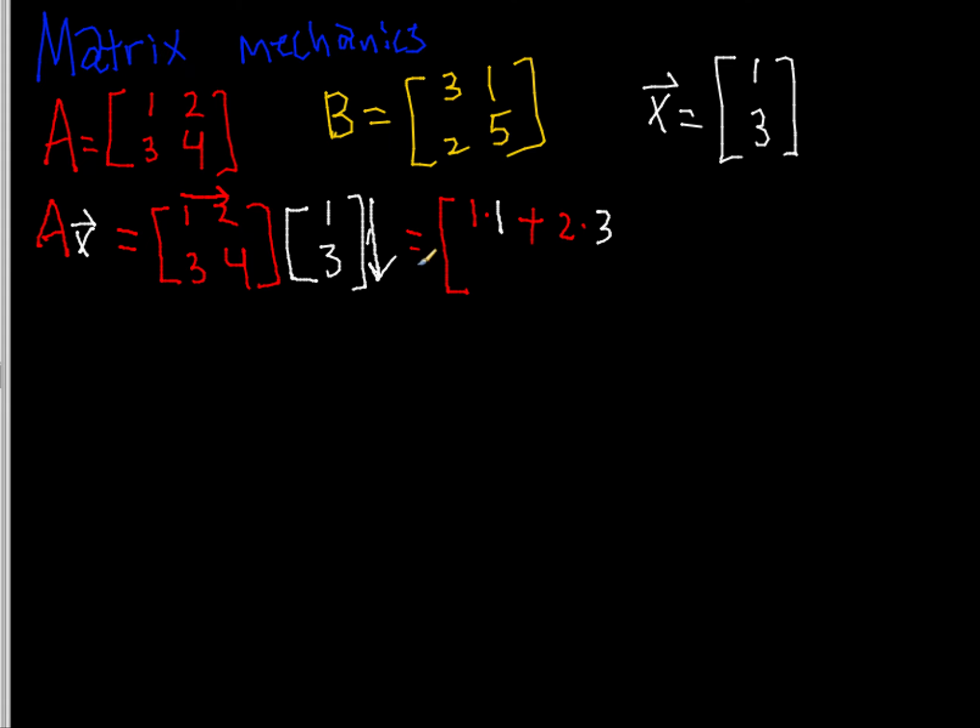Similarly, I do the same thing to get the second entry of the output vector. I go to the second row and do the same exact process. So I take the 3 and match it with the 1, and then I take the 4 and match it with the 3.